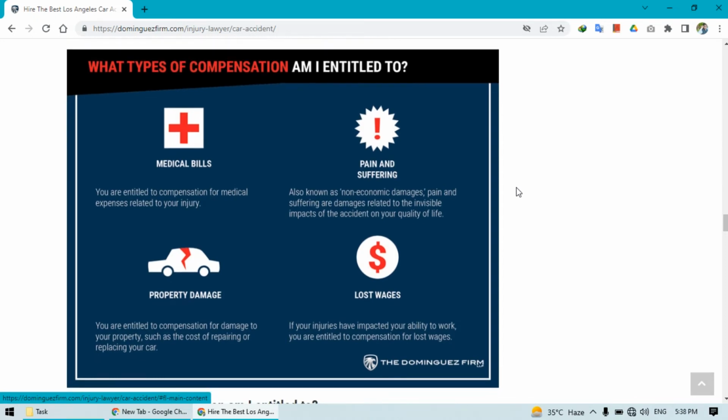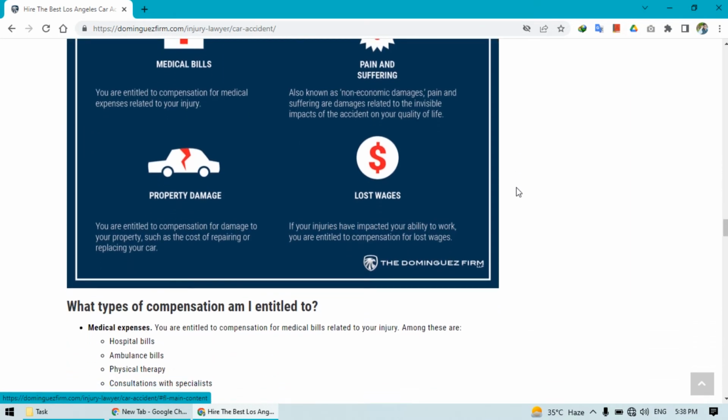Third is property damage. You are entitled to compensation for damage to your property, such as the cost of repairing or replacing your car. Fourth is lost wages. If your injuries have impacted your ability to work, you are entitled to compensation for lost wages.